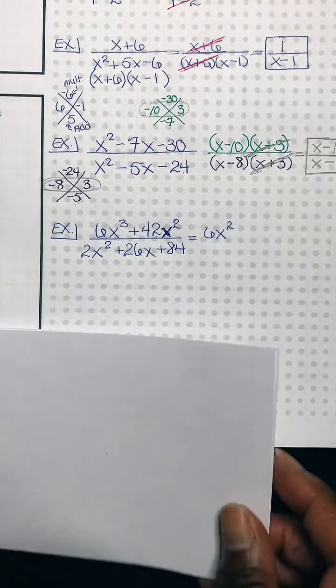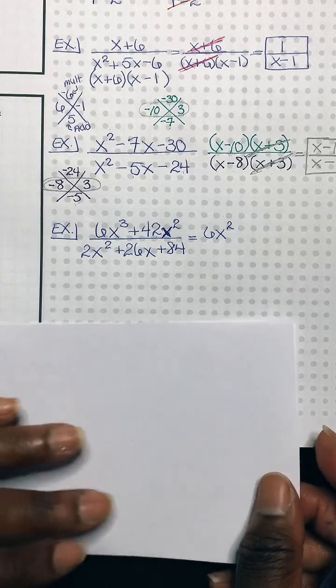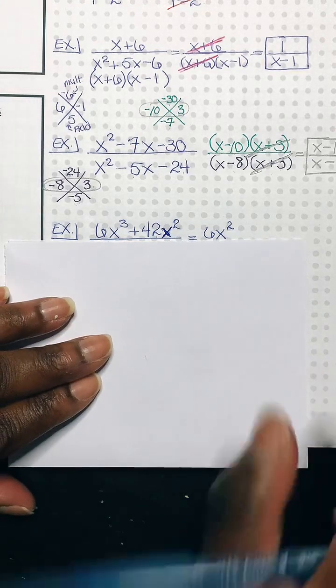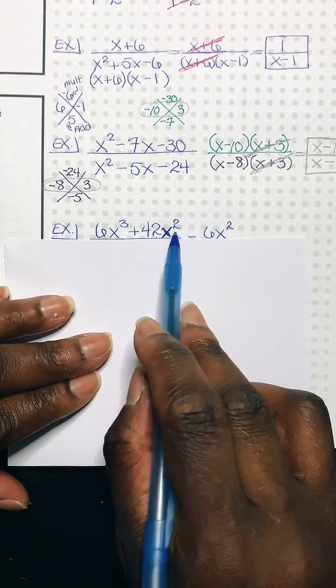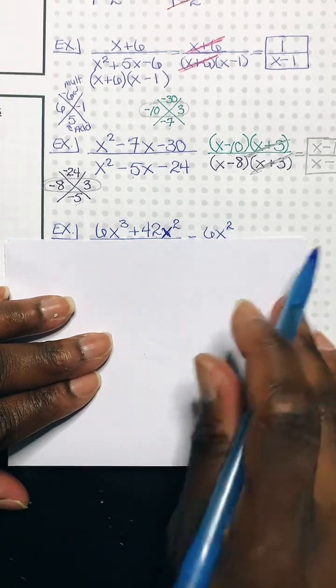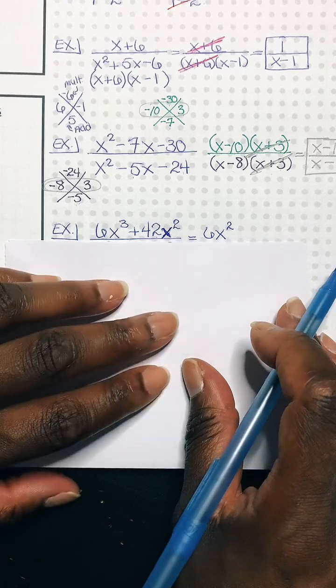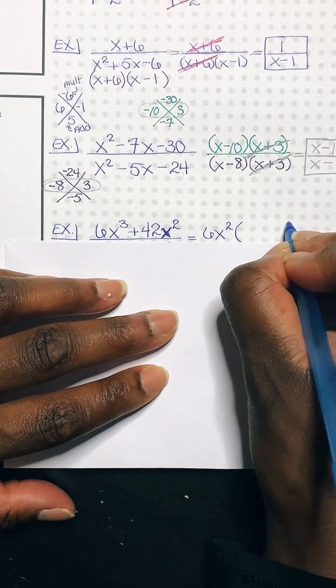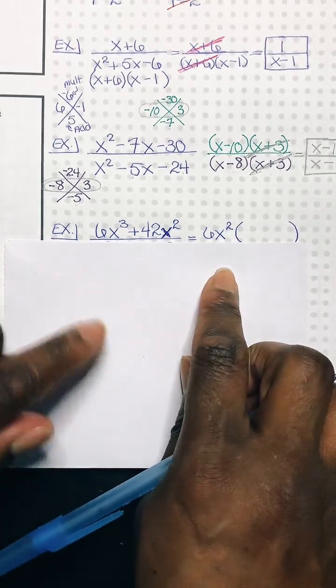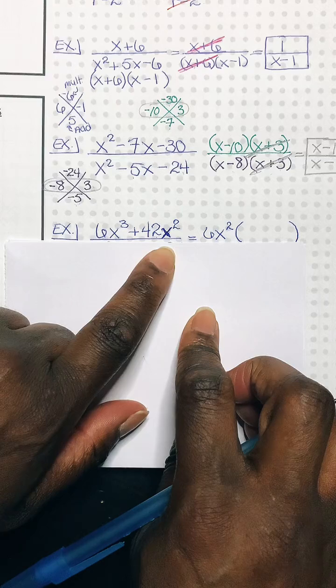Another way of doing it is basically, if they all have x's, take the x with the lowest exponent. That's the shortest way to do it. Okay? So now, since 6x squared is my GCF, I'm going to divide it into the original.